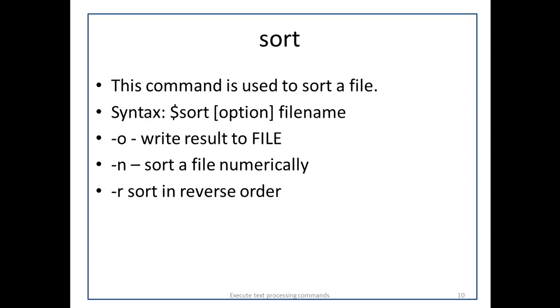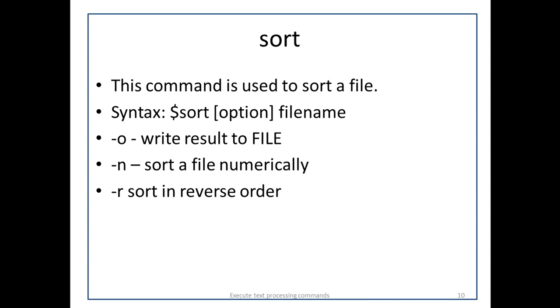sort. This command is used to sort a file. It arranges the records in a particular order. By default, the sort command sorts the file assuming the contents are ASCII. Using options in the sort command, it can also be used to sort numerically.